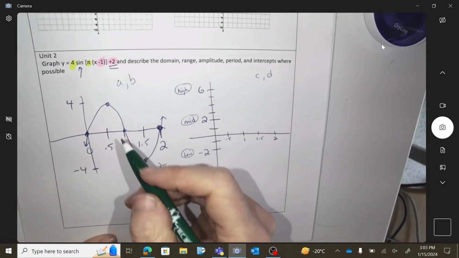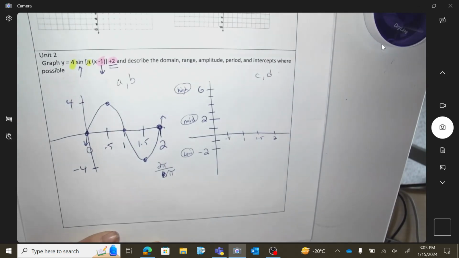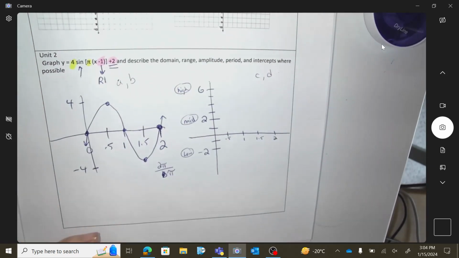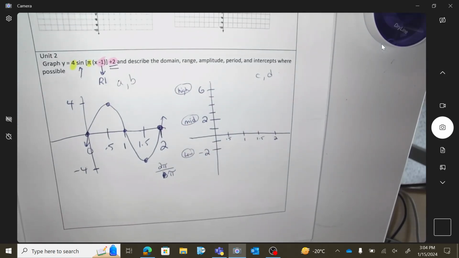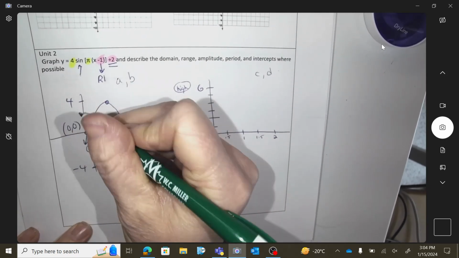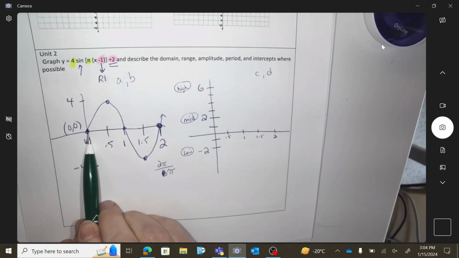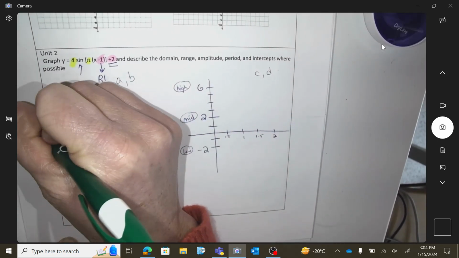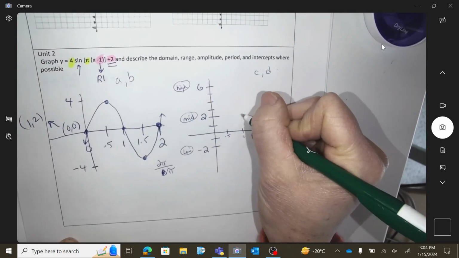Okay, and then the last thing we're going to think about is the direction here. This is a right 1. So 0, 0 is now going to be at the coordinate 1, 2.